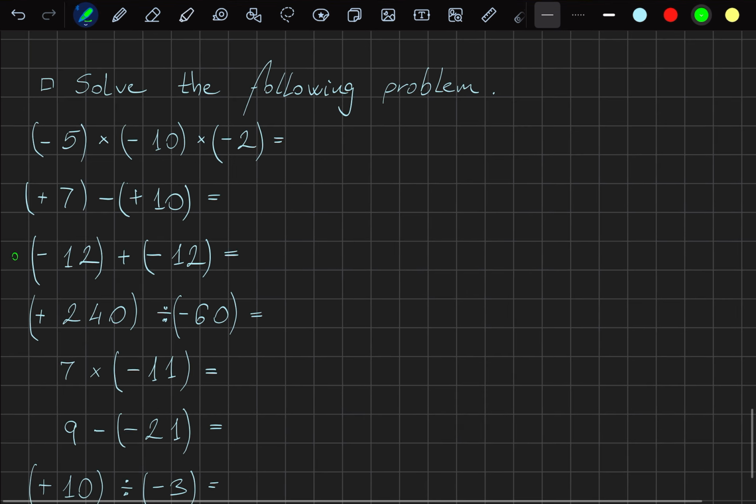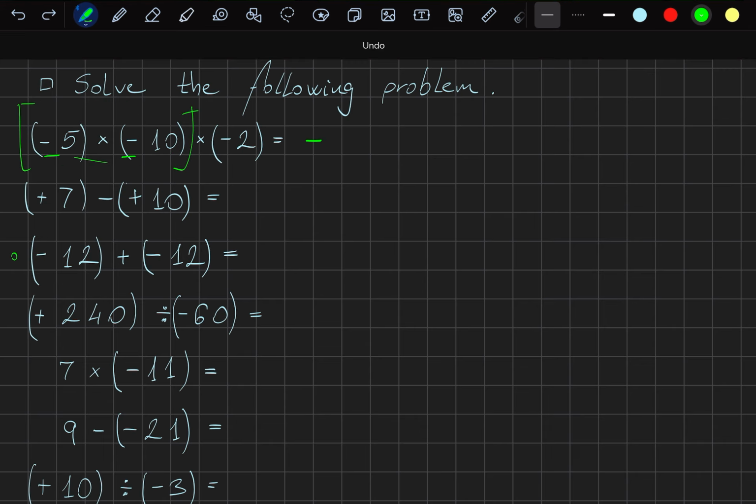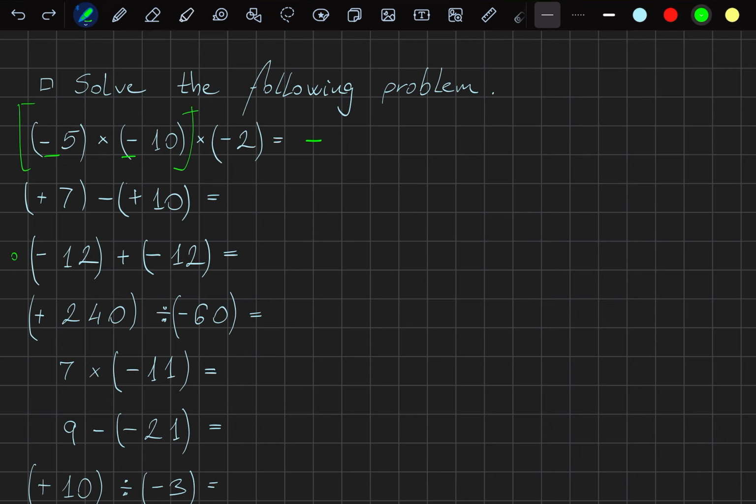Okay, sorry. So minus times minus is plus, plus times minus will be minus. You can solve first these two numbers: you multiply, it will be plus 50, times minus, it will be minus 100.